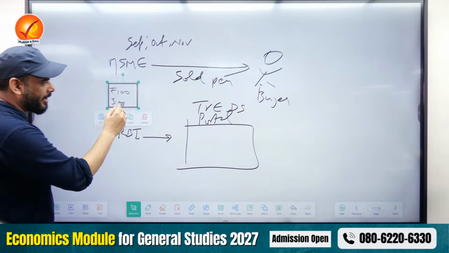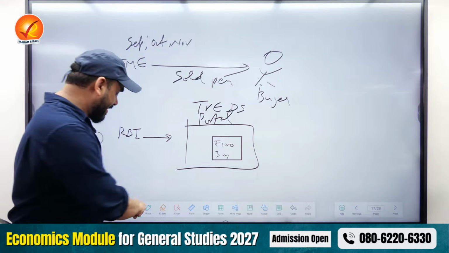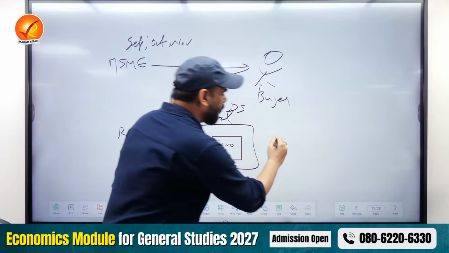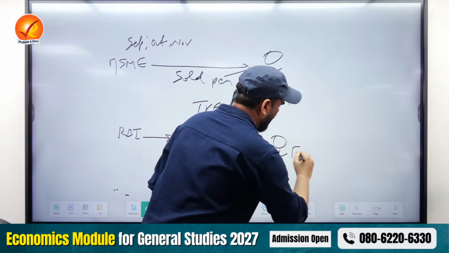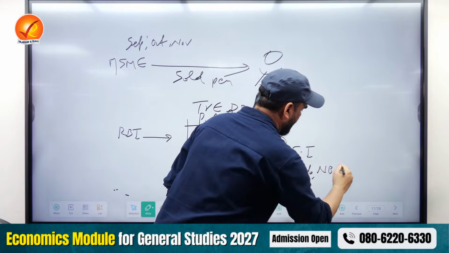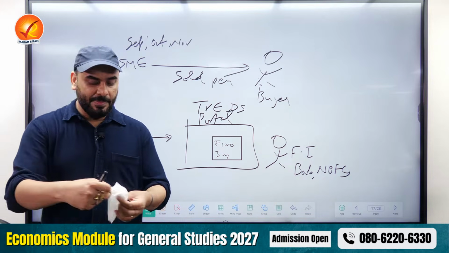This promissory note, it will be brought here by the MSME. MSME will say that I want to sell this piece of paper. So who will be the potential buyers of this paper? Financial institutions like banks, NBFCs. What will MSME do? MSME will tell them that I have a piece of paper like this.